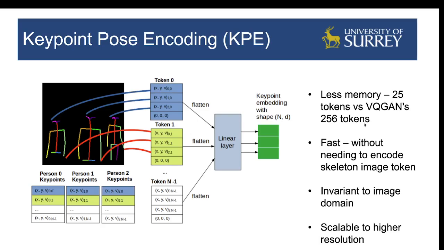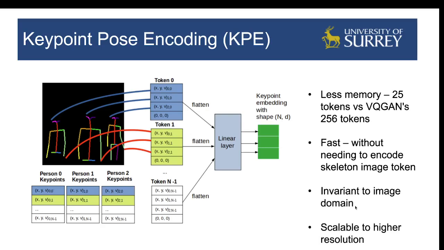So it is 10 times smaller. Because of this, we do not need a big VQGAN model to encode the skeleton image, so it will be a lot faster. We don't require additional GPU memory to do the processing, so it's faster and uses less memory.